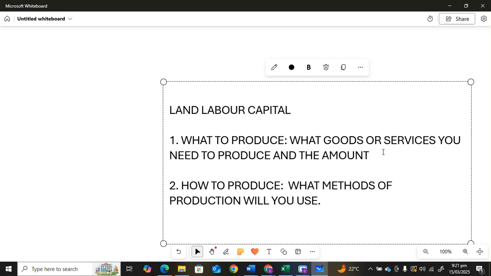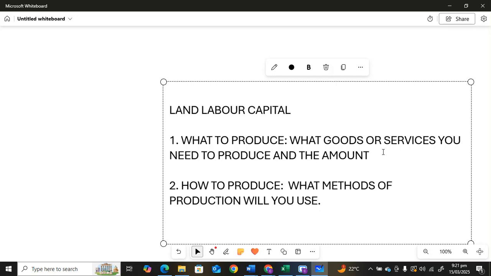That's the same example as the farm. You don't have a tractor, you don't have a combine harvester. So if you say, how will I produce? I'll use my farm laborers. If you have the ability to have tractors and the machinery on the farm, then you can use that capital to produce. So basically, it's between labor and capital.